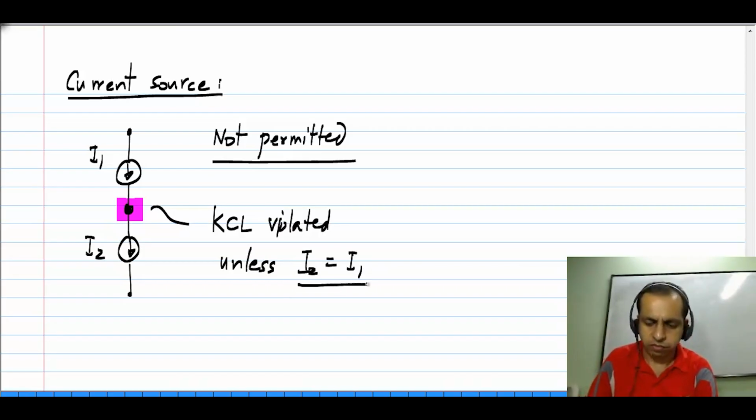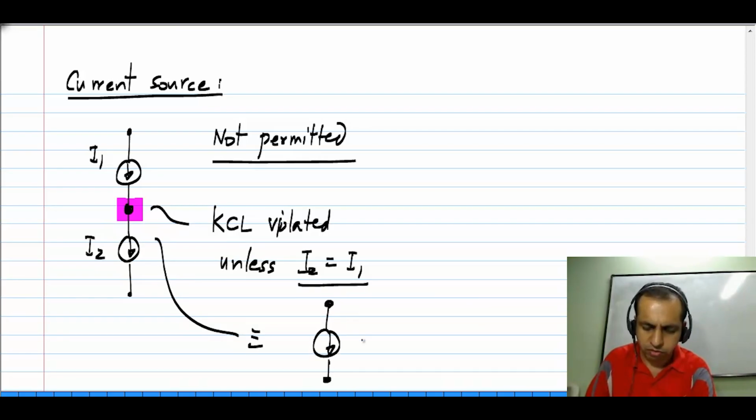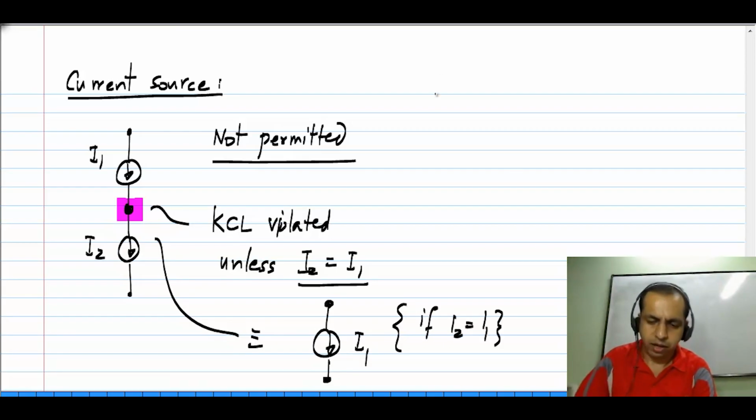If this is the case, then this whole thing is equivalent to a single current source of value I1. And if I2 is not equal to I1, then this connection is not permitted.